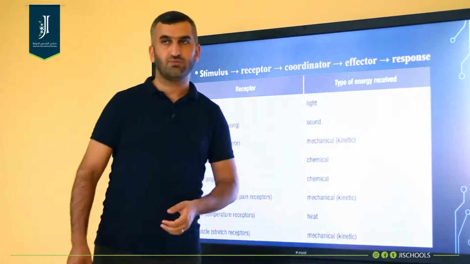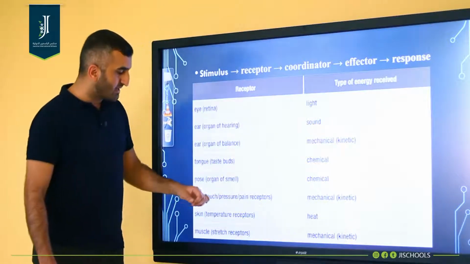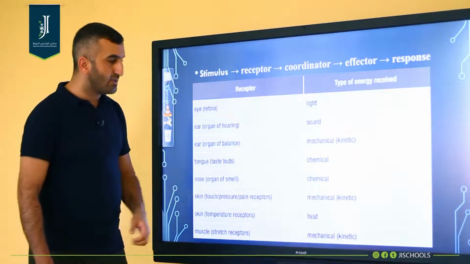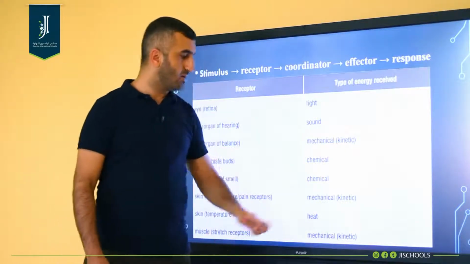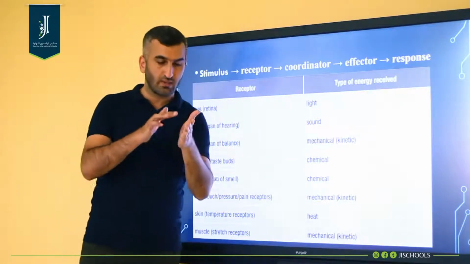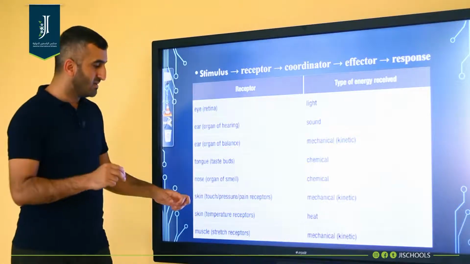Skin contains a wide range of detectors, not just one type of receptor. It can detect touch, pressure, pain, and different mechanical stimuli. When we touch something, this is done by receptors found under the skin.